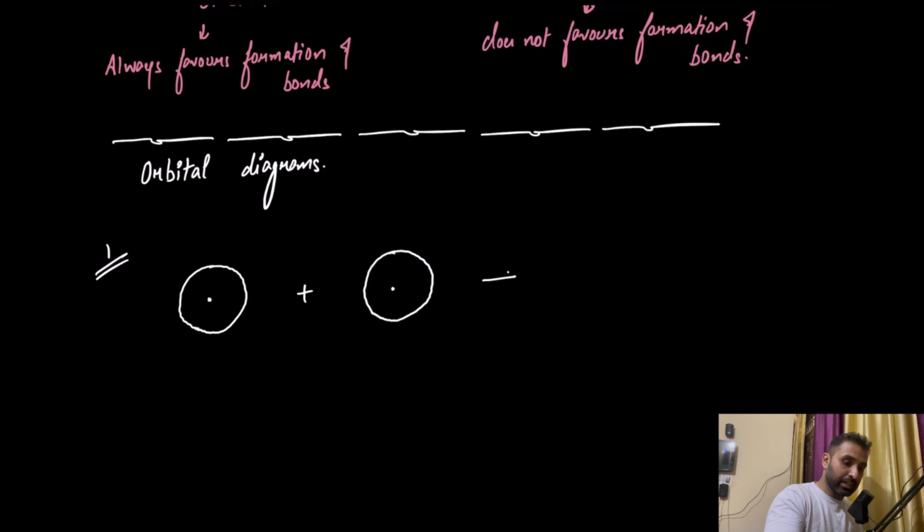Now we know that s and s orbitals always form sigma bonds. So now there is a mixing of s and s orbitals, and we are going to have the first bonding molecular orbital. These are the two nucleus, and that's the new shape of new bonding molecular orbital.